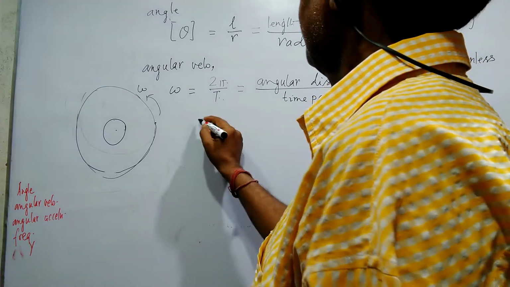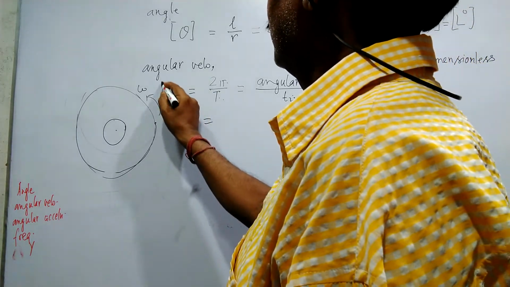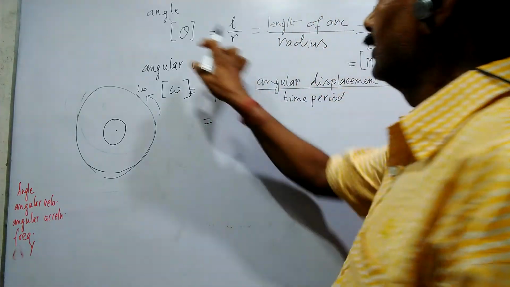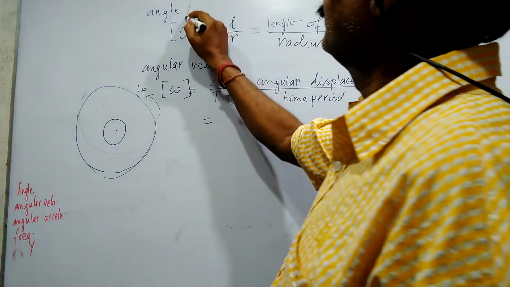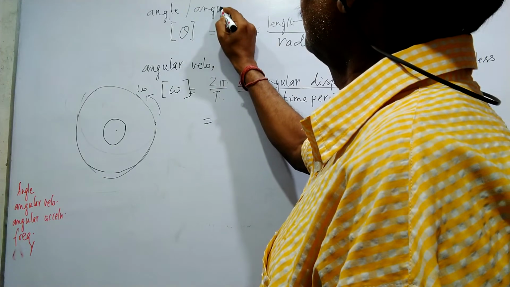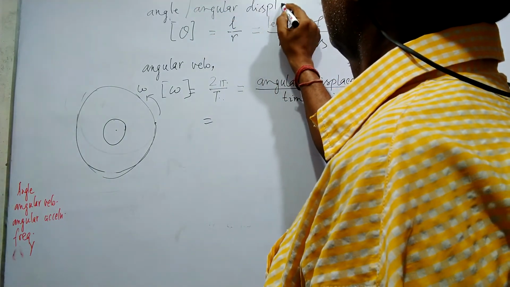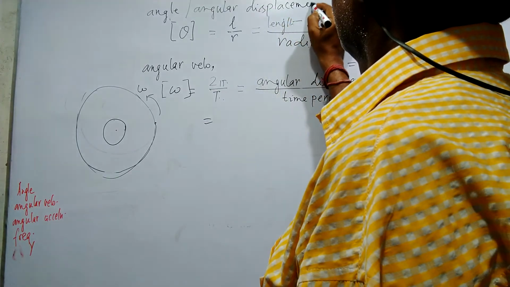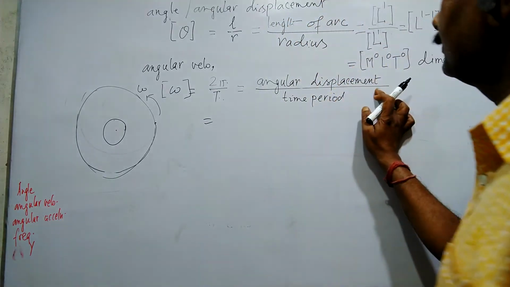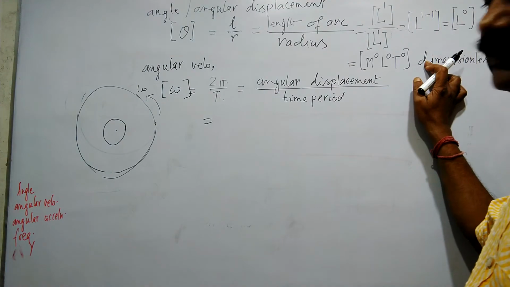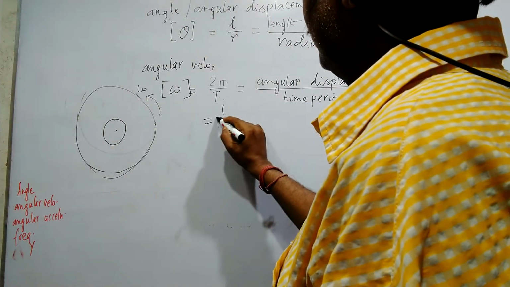What we have seen here, if we are interested in writing the dimensional formula, then angular displacement, what is the dimension here? This is dimensionless, so say 1.